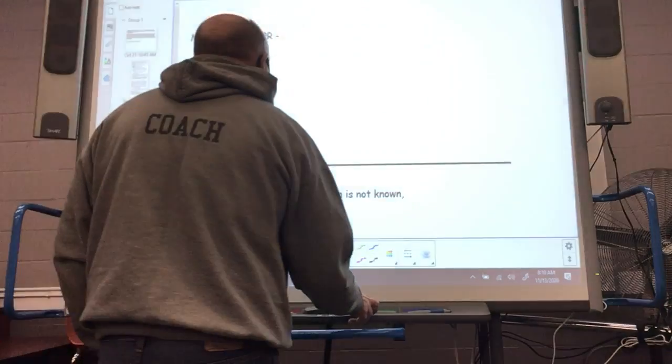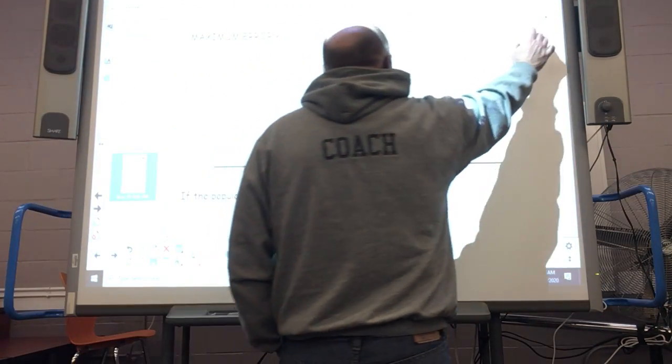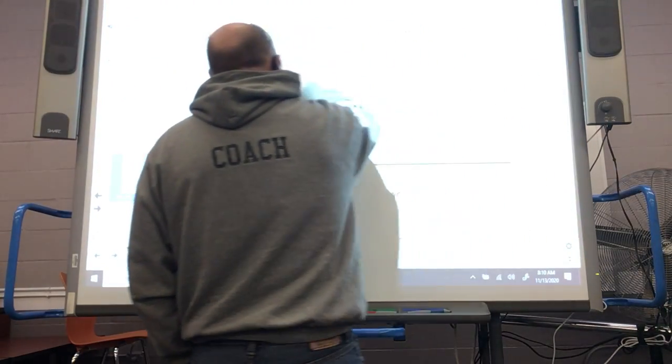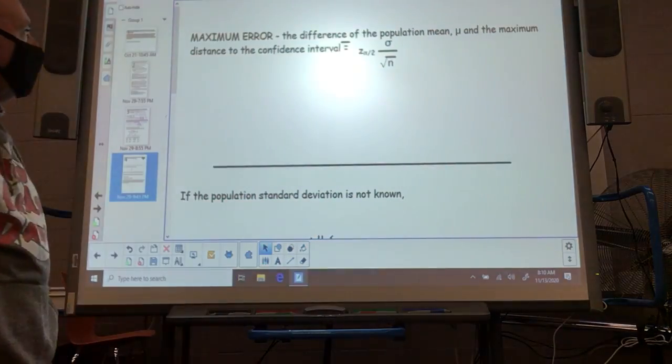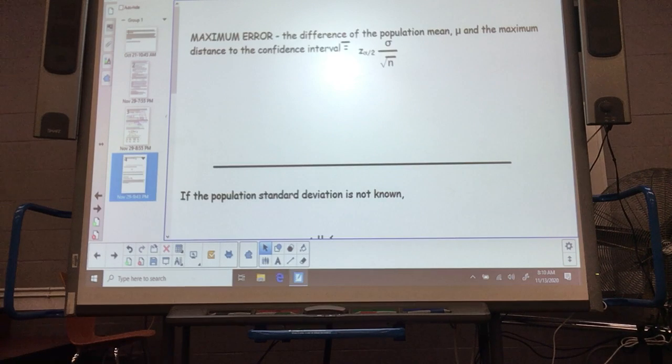Your maximum error, not to be confused with your maximum effort. Your maximum error is your difference between the population mean and the maximum distance to your confidence interval.